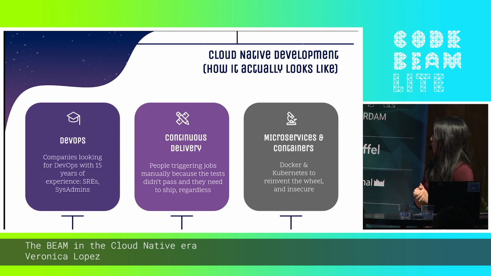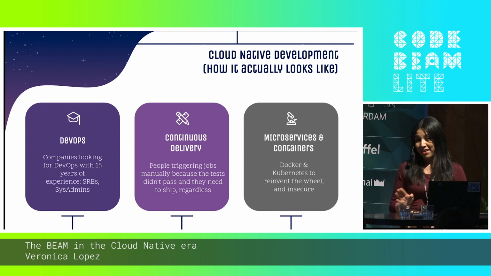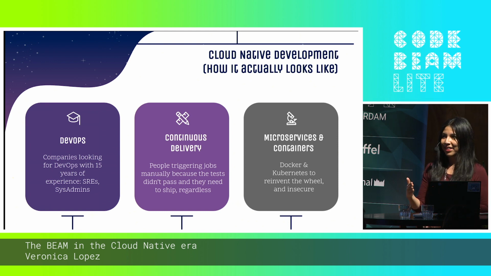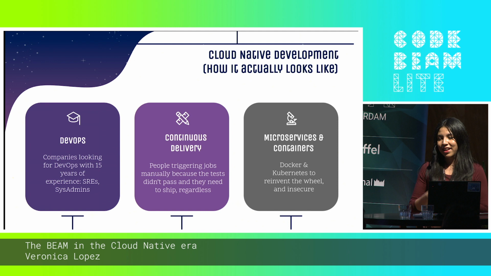Then on the continuous delivery side, I have never done this myself, but people triggering jobs manually because the test didn't pass and they need to ship regardless. I don't know how it works in this side of the world, but in America, you have to ship. You have customers, you promise deliveries, you have deadlines. So it doesn't matter if everything is broken, you have deadlines.